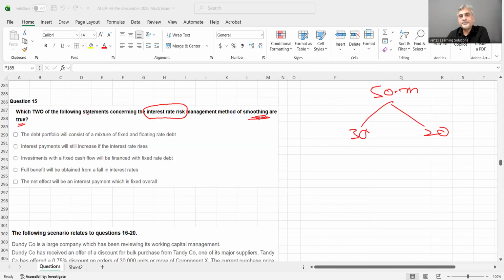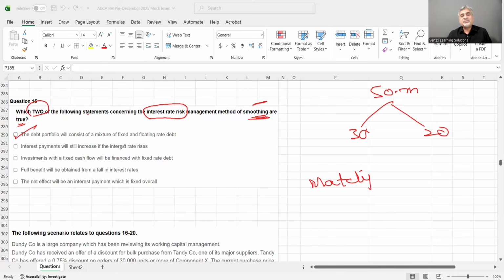There is another policy which is called matching. Matching means that if you have fixed rate borrowings, you have fixed rate investments, variable rate borrowings, variable rate investments, and so on. So the debt portfolio will consist of a mixture of fixed and floating rate debt. That is the answer. But it says which two? Interest rate payments will still increase if the interest rate rises.